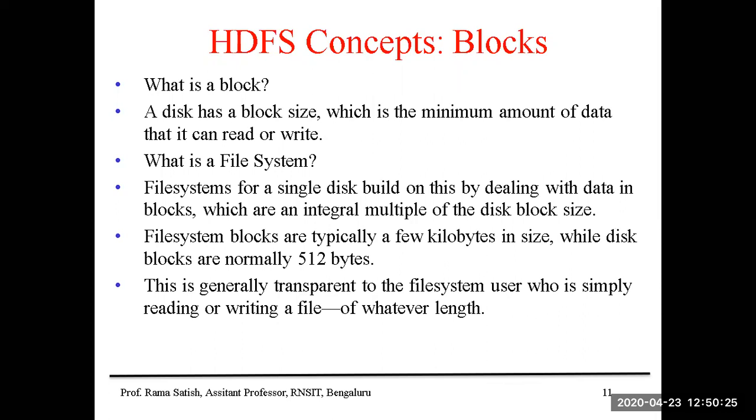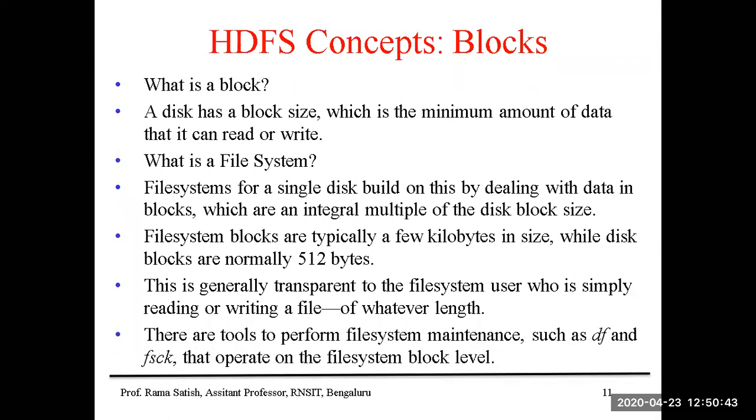This is generally transparent to file system users, who simply read or write the file whenever they want to do any operation, irrespective of the length of the file. That is one very important thing. There are tools to perform file system maintenance, such as df.